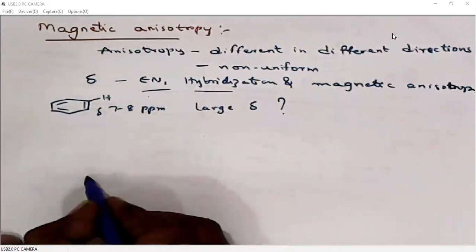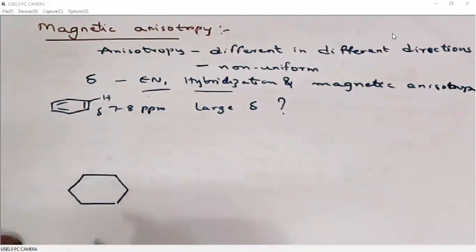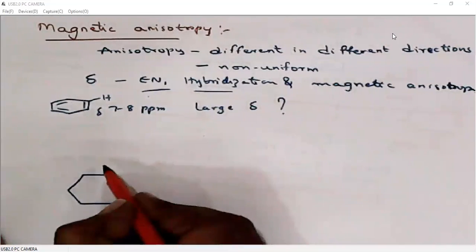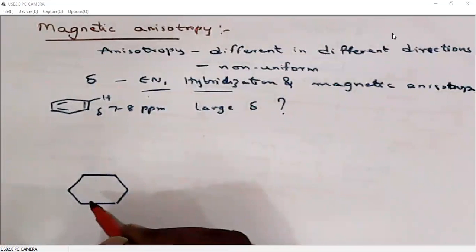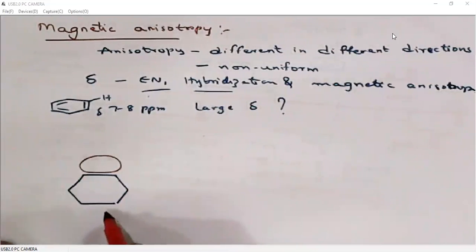When we have a benzene molecule, it has 6 pi electrons. These pi electrons are occupied above and below the plane.